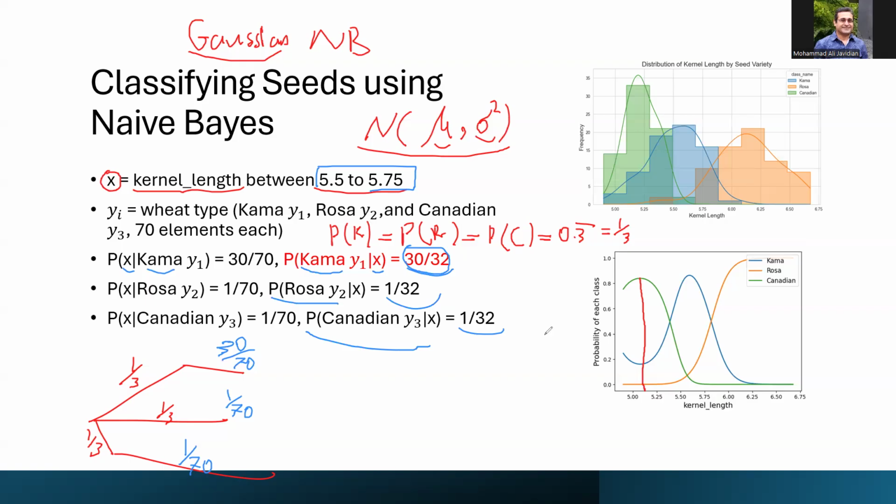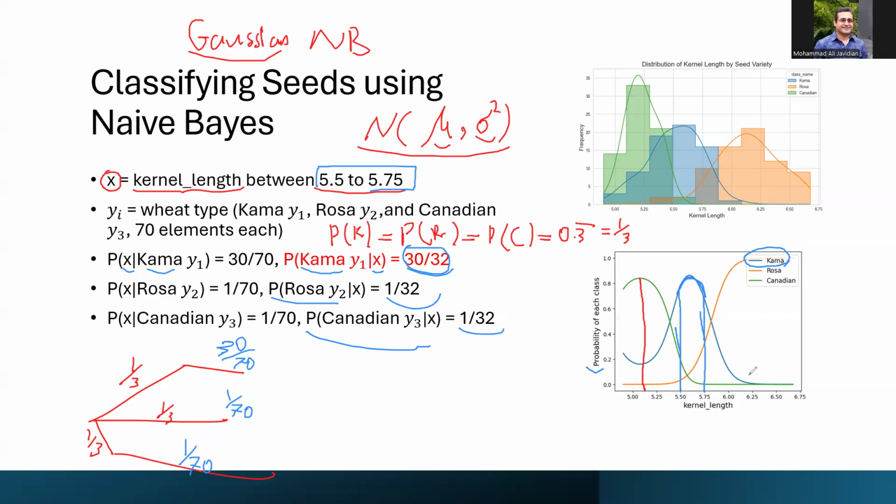And as you can see from the Gaussian distribution diagram, the probability of each class, in the bottom right figure, between 5.5 and 5.75, the highest probability belongs to the blue one, which is the Kama seed.